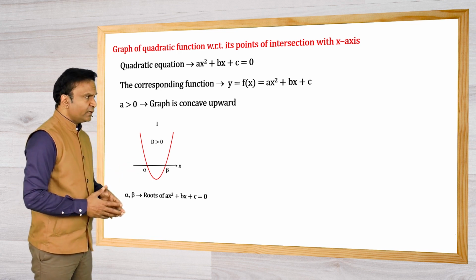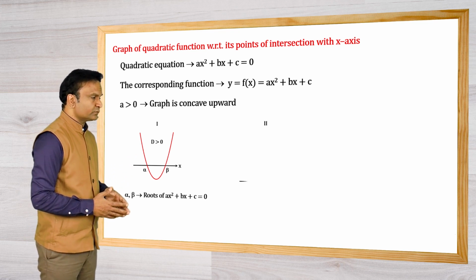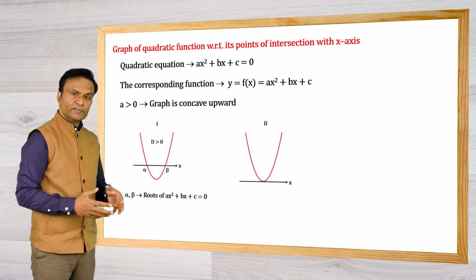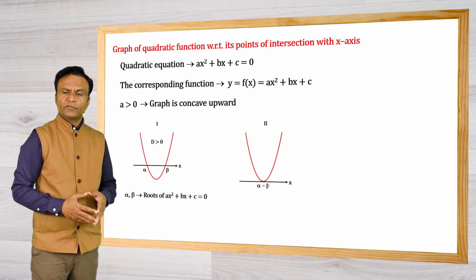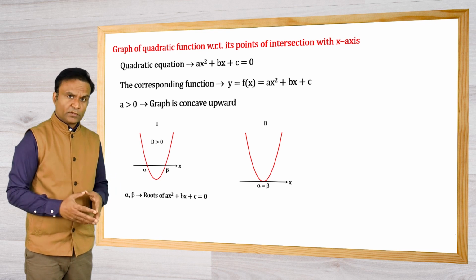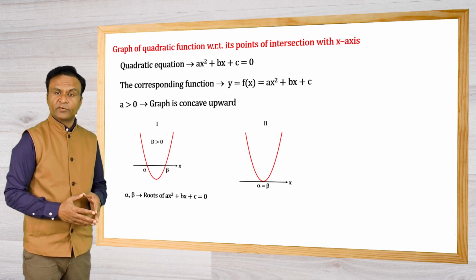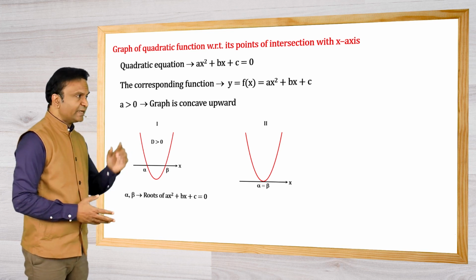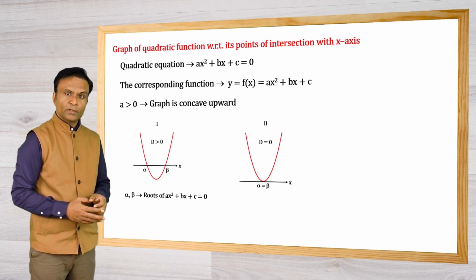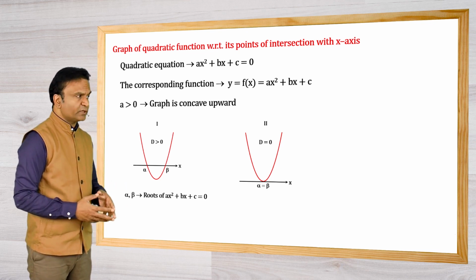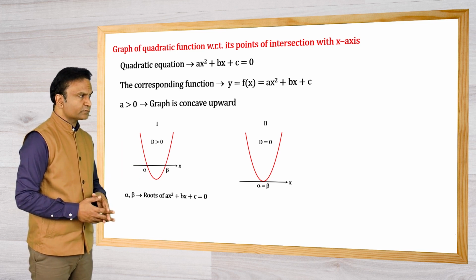In the second possibility, we have a graph touching the x-axis. Here we can say roots alpha and beta are coincident, or we can say roots are equal. And when roots are equal, the discriminant of the quadratic equation is 0. So in this case, D = 0. Now we have a third possibility in which the graph is like this.